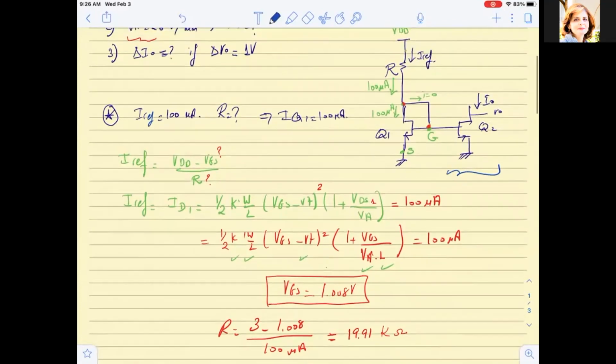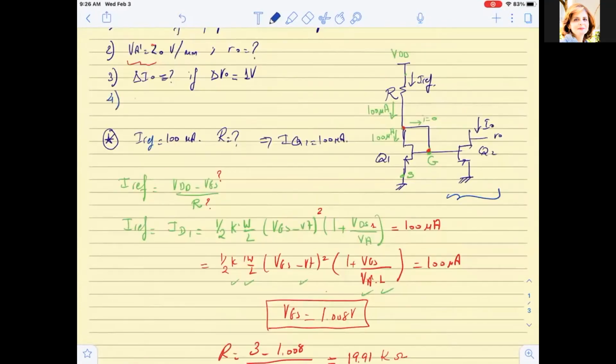If this was the fourth question, at what VO will IO equal perfectly 100 microamps? When VO is equal to 100 microamps times RO2? No, you have to be careful here.